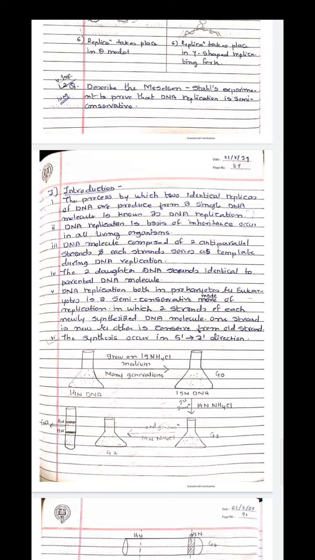Then DNA replication, both in prokaryotes and eukaryotes, is a semi-conservative mode of replication, in which each newly synthesized DNA molecule has one new strand and one conserved from the old strand. तो सेमी कंजर्वेटिव रिप्लिकेशन में एक स्ट्रैंड पैरेंटल, ओल्ड स्ट्रैंड रहता है और एक न्यू स्ट्रैंड फॉर्म होता है.